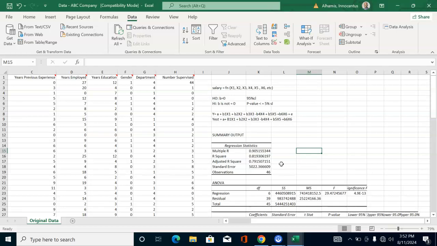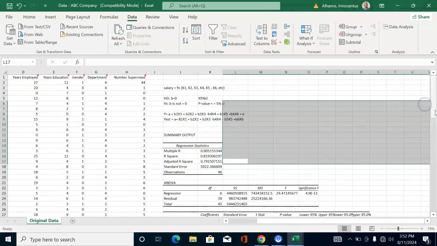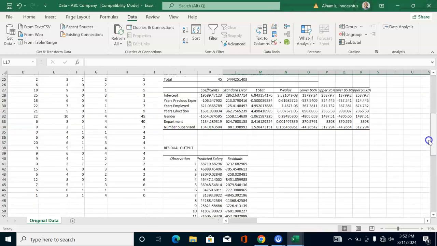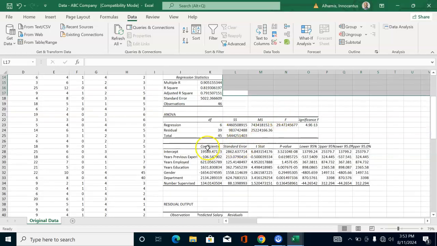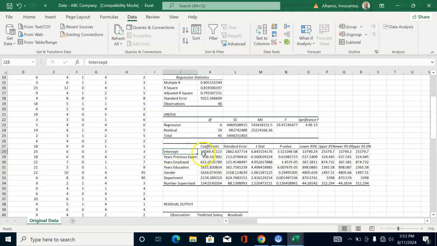We could improve it more, but that's okay. In this case, we can now come down to look at the coefficients. You can see that the y-intercept is this value.